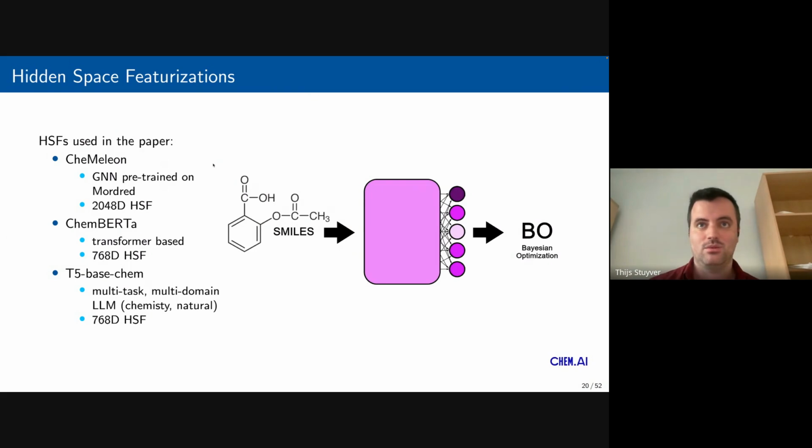It also has quite a lot of dimensions in the hidden space, 770 in total. And then we have T5 Base Chem, which is basically a large language model fine-tuned on chemistry, and its dimensionality is similar to ChemBERTa.